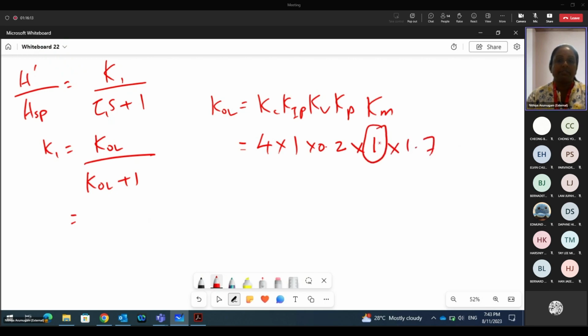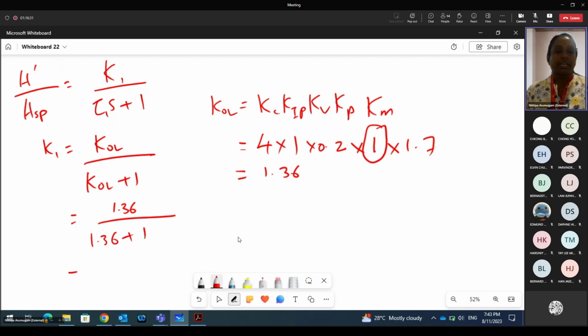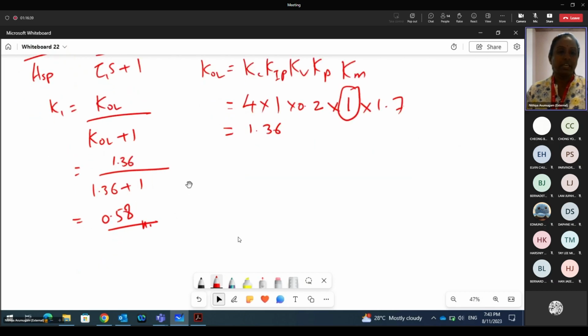The KP here, we got it from the previous section in which we derived KP and tau. This will basically give you 1.36. So I'm going to substitute here in this expression, plus 1, and I'll be getting 0.58 for the gain of the set point change. Okay.